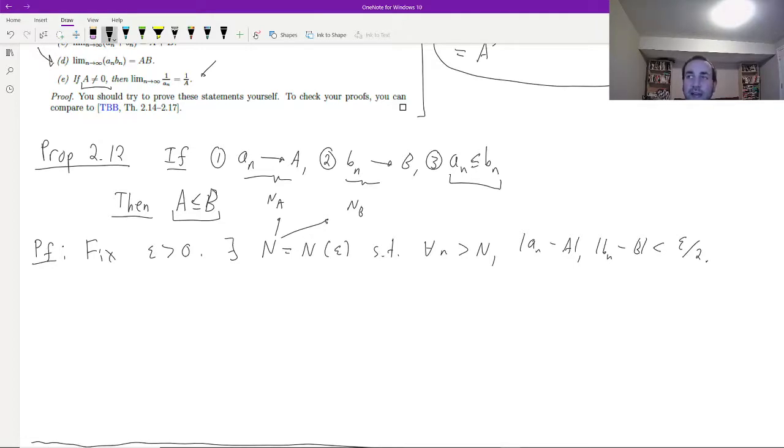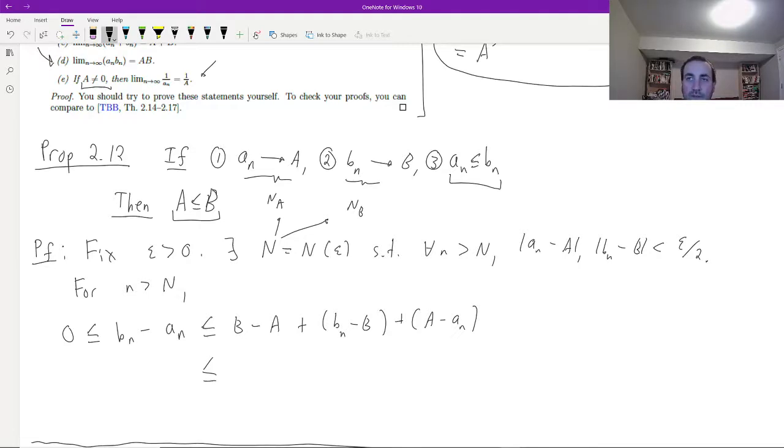So having fixed some big N, I now say, well, for n bigger than N, I'm going to do a calculation, and I start off by saying, well, since b_n is bigger than a_n, 0 is less than b_n minus a_n, and now I'm going to do my favorite thing, which is adding and subtracting something. So this is less than b minus a plus b_n minus b minus a minus a_n.